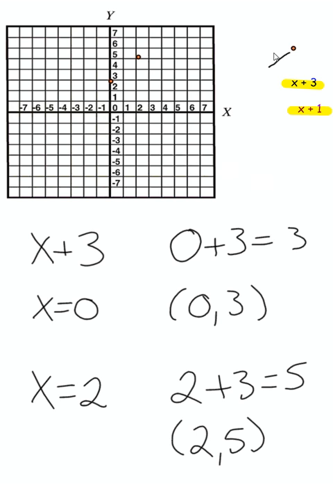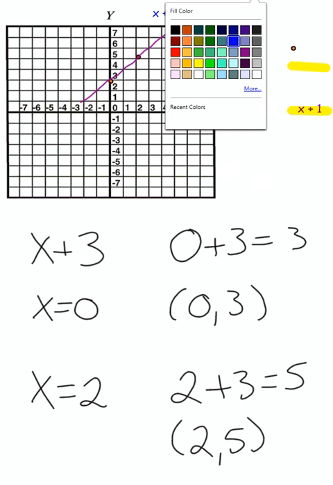And then all we need to do now is to connect these 2 points to draw our line. I'll try to draw it as straight as possible. And then I'm going to grab our equation, x plus 3. Okay, so that's the graph of our equation, x plus 3.